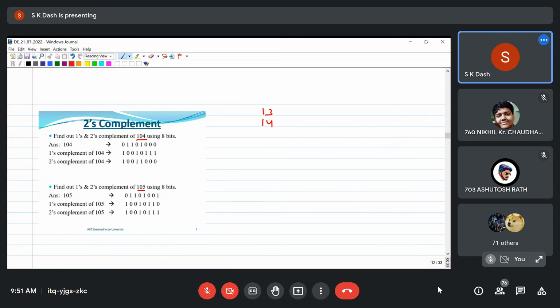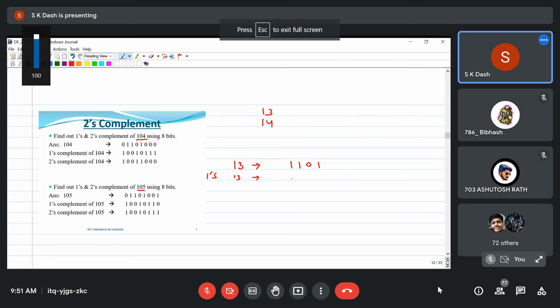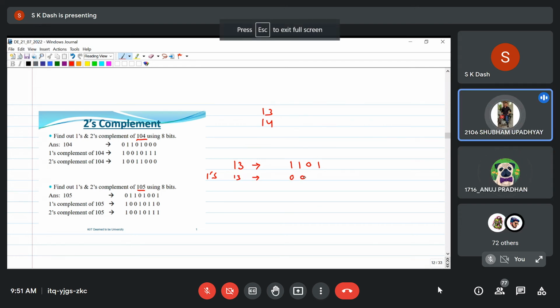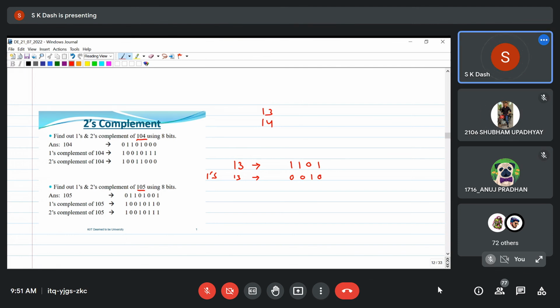Now, what is 13? 13's binary is 1101. Its one's complement is 0010, just interchange. To find two's complement, we need to add 1 to this. So 0 plus 1 is 1, and we get 0011. So the number is 1101, and its two's complement is 0011.